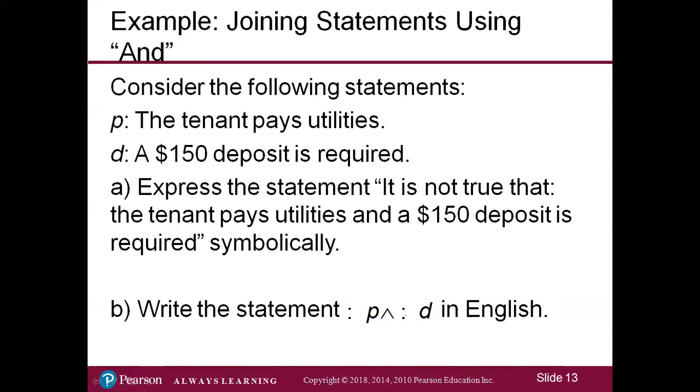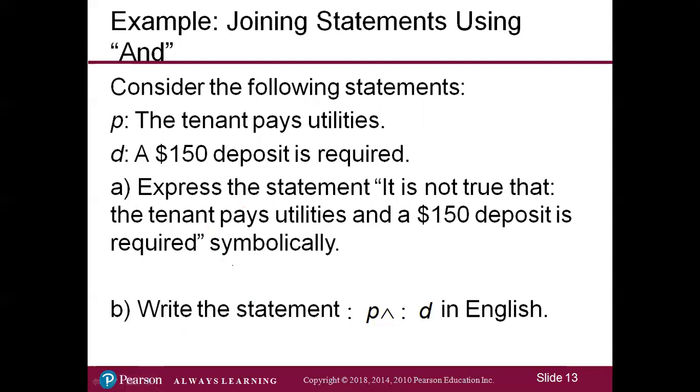Express the statement it is not true that the tenant pays utilities and a $150 deposit is required.